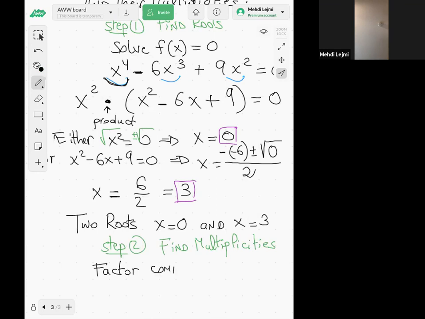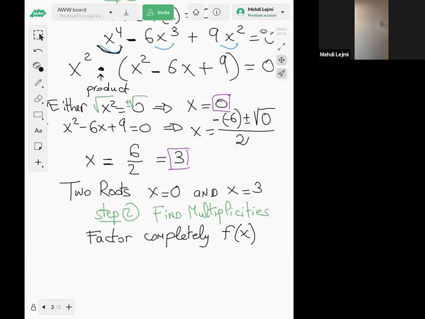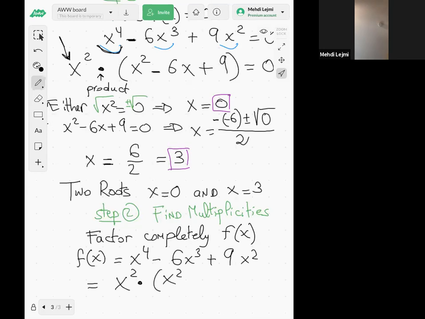My f of x was x to the fourth minus 6x cubed plus 9x squared. We started the factorization: we said x squared is a common factor. So we have x squared times x squared minus 6x plus 9, right?